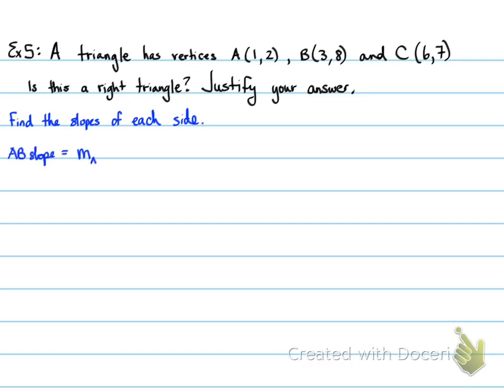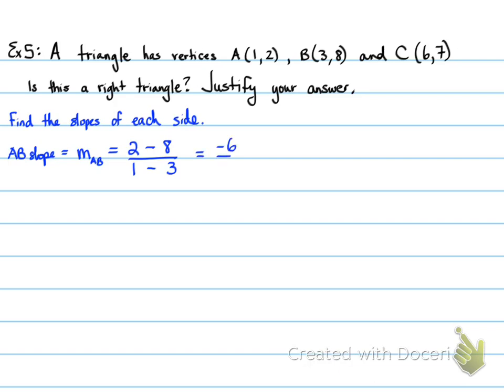So, if we find the slope of AB, so slope of AB is equal to A, write the point upwards, 1, 2, B, write the point upwards, which is 3, 8, and then now we run with 3 lines, 1, 2, 3. And now what do we get?